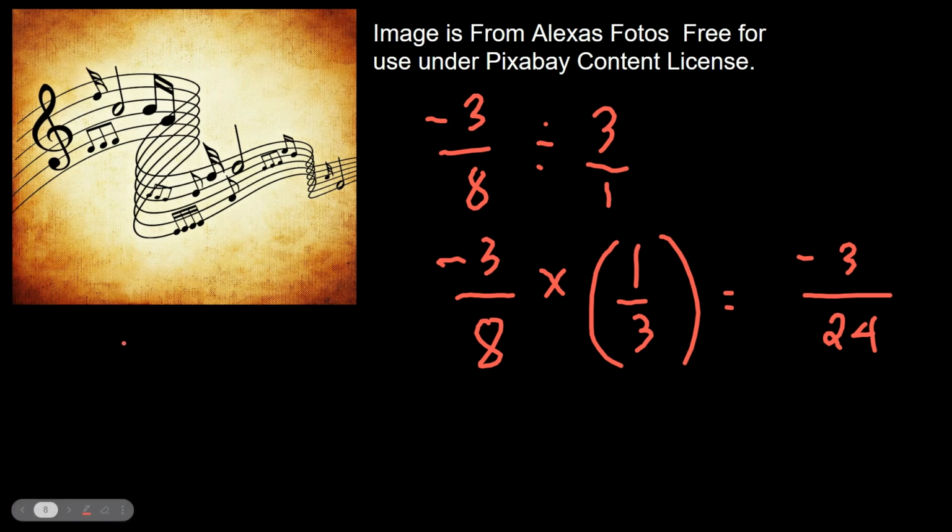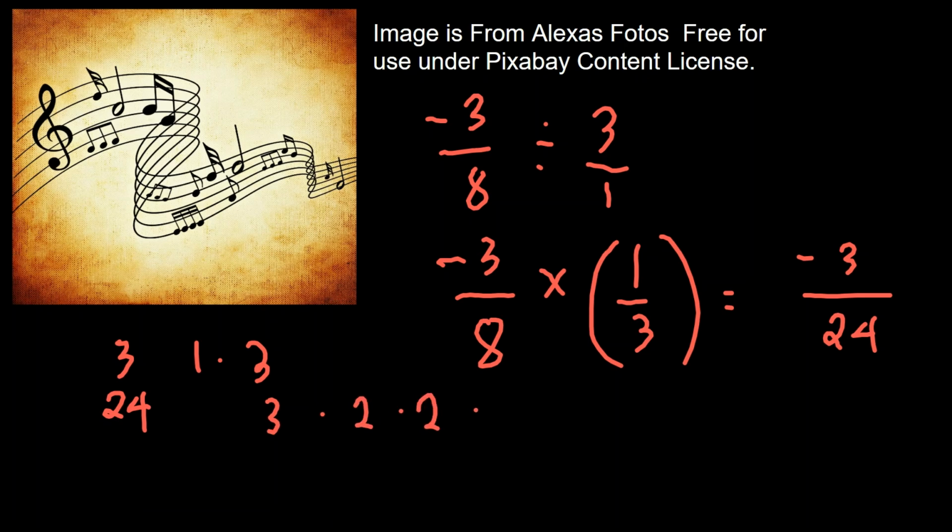So in this case, what is our greatest common factor? For 3 and 24, the factors are 1 times 3, and then 3 times 2 times 2 times 2. The common factor between 3 and 24 is 3.